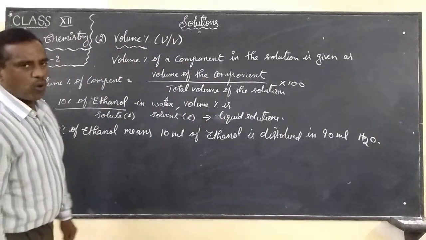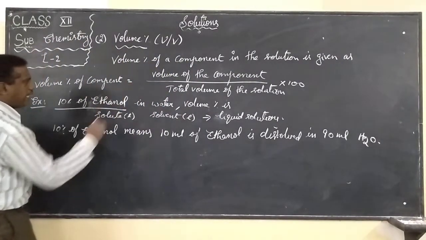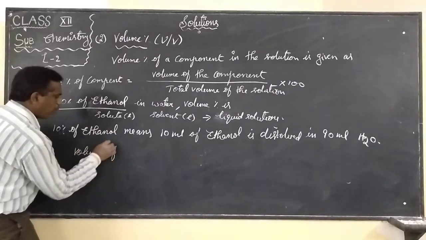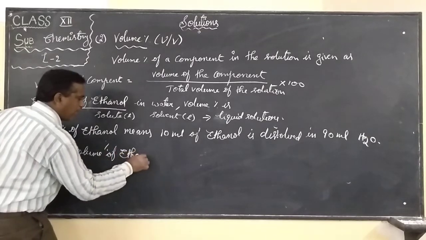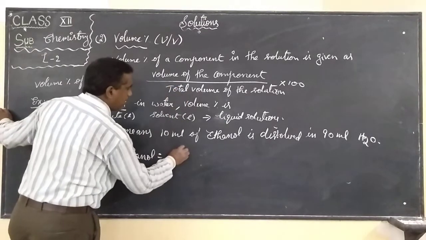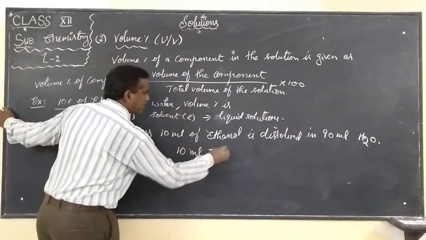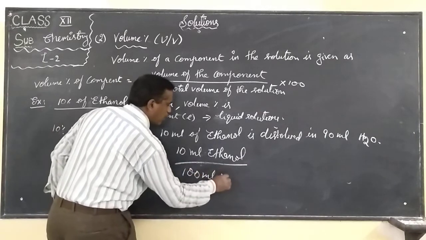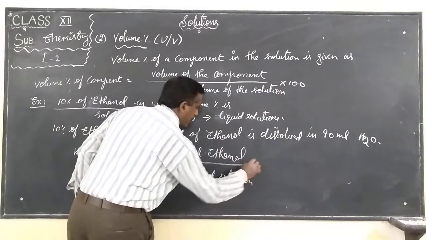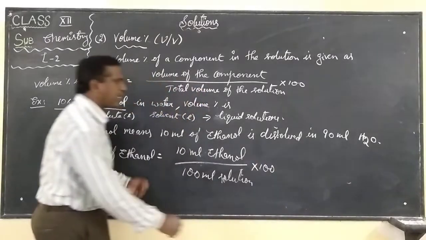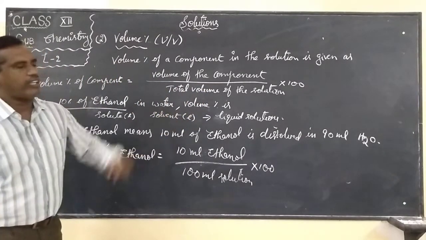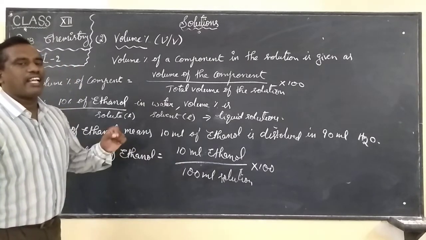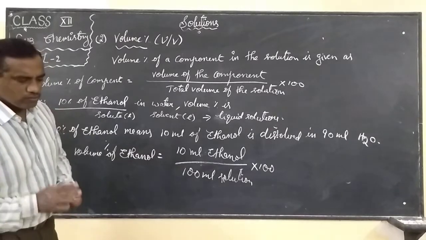So we can say the volume percentage of ethanol is given as 10 ml of ethanol by 100 ml of solution into 100. How did we get 100 ml of solution? The solute is 10 ml, the solvent is 90 ml, so we got 100 ml of solution, which is known as 10% ethanol.